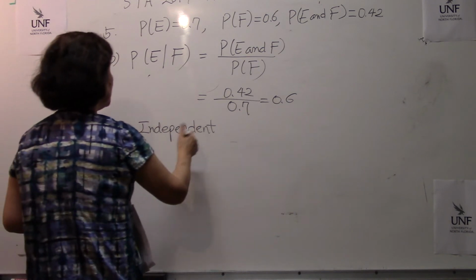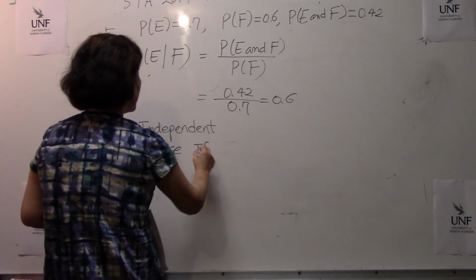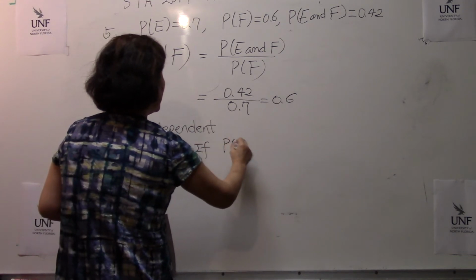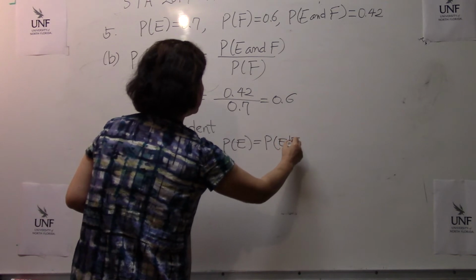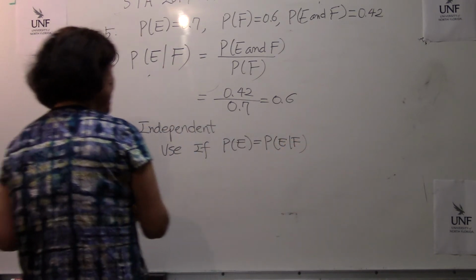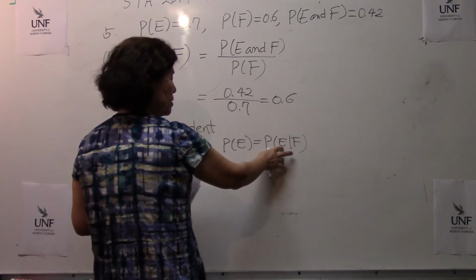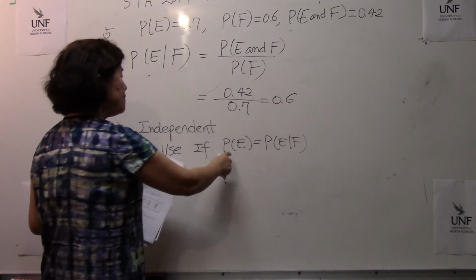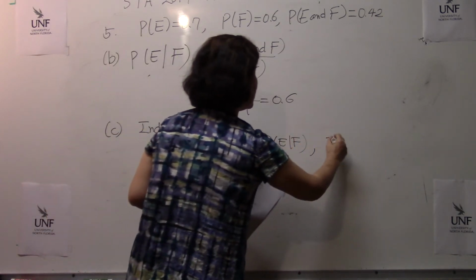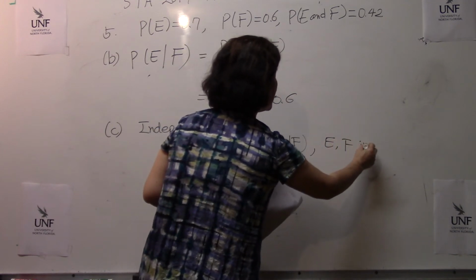So what you have to do is use this: if the probability of E is the same as the probability of E given F, okay? E just by itself, compared to E occurring given F has occurred, if these are equal, then we say E and F are independent.